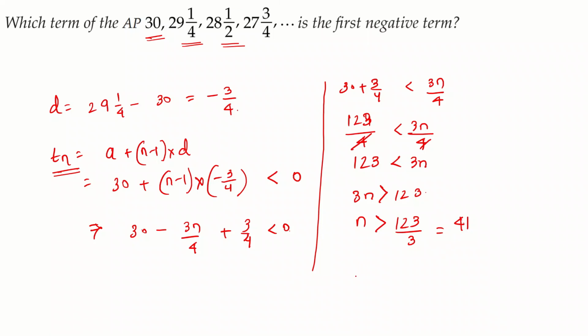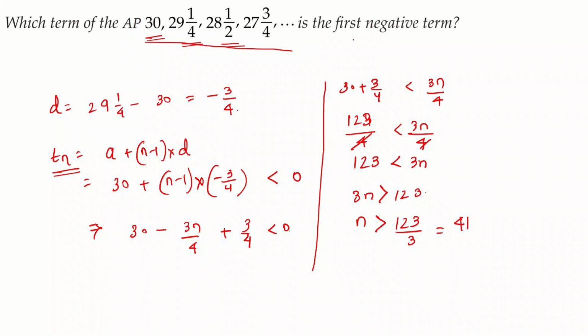So what does this mean? If you see that these terms are in a decreasing fashion, that means as you go on increasing the number of terms, you will be getting a lesser and lesser value of the term. So once you reach 41, you will be getting your first negative term, and even after that, 42nd, 43rd, 44th, all are negative terms.